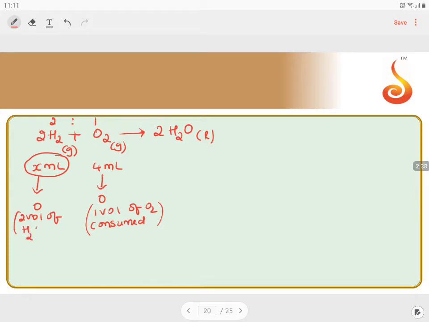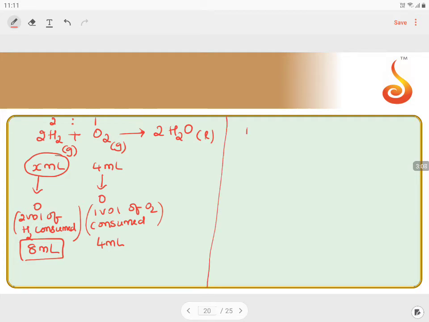For 1 volume of oxygen consumed completely, 2 volumes of hydrogen will be consumed. So if 4 ml of oxygen is consumed in the process, the consumed amount of hydrogen will be 8 ml. For every 1 ml, 2 ml will go out. For 4 ml, 8 ml has come out. So that means X value is 8.